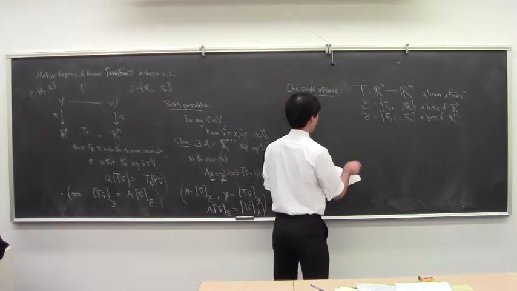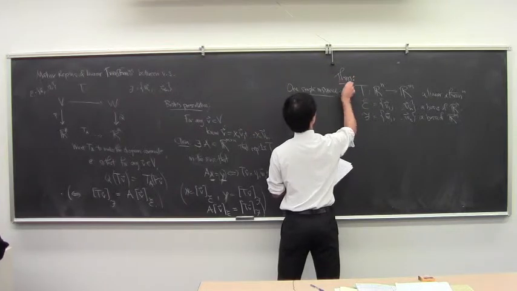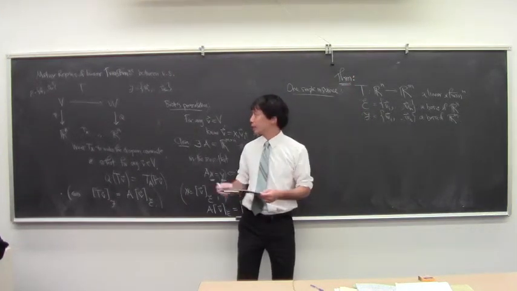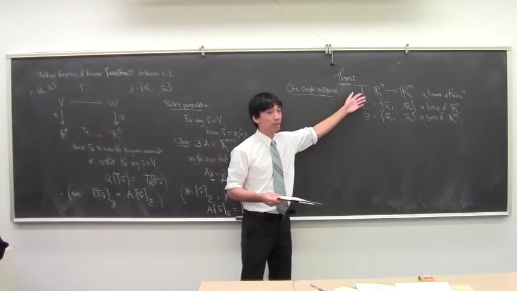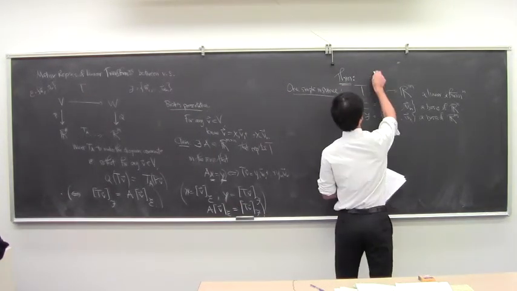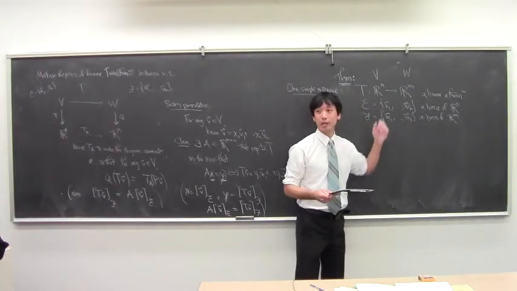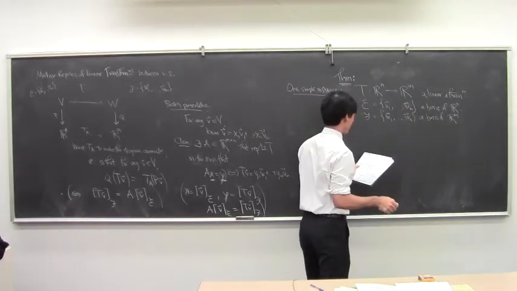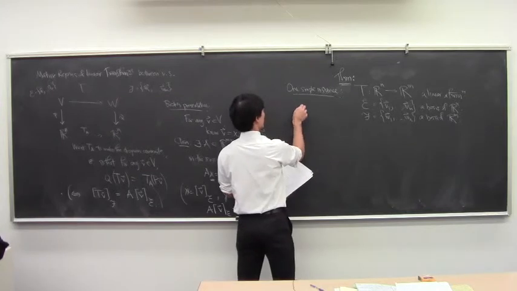Okay, and then they state this as a theorem. So suppose you are doing what we just did in the case where the vector spaces are Euclidean spaces. Okay, so instead of having an abstract V and an abstract W here, we have Rn and Rm. So it's still the same problem, right?